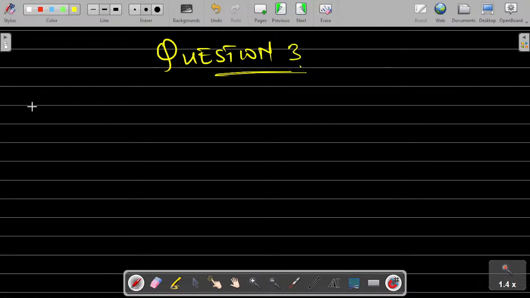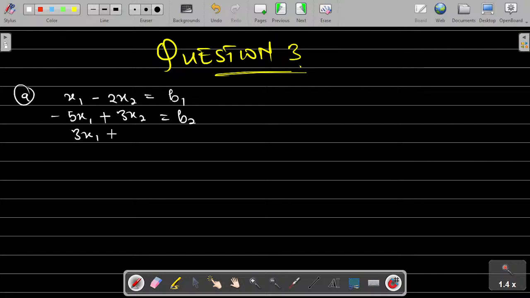So for question 3 now, let's go. We begin with the first part, which is A. It says, consider the problem of determining if the following system of equations is consistent for all b in R3. This is the system: x1 minus 2x2 is equal to b1, then minus 5x1 plus 3x2 is equal to b2, and then 3x1 plus x2 is equal to b3.